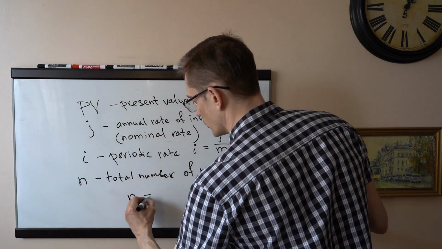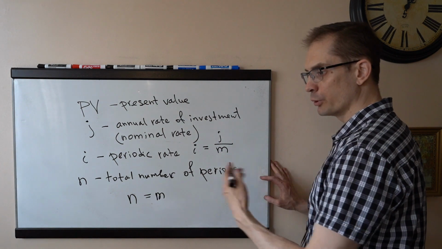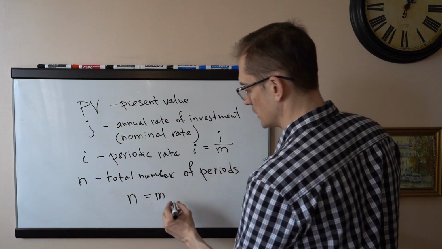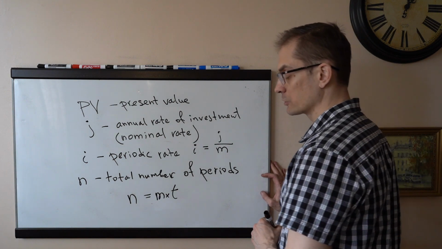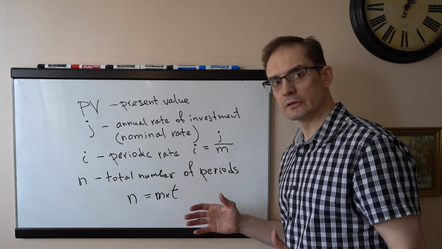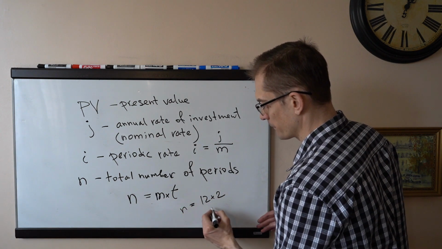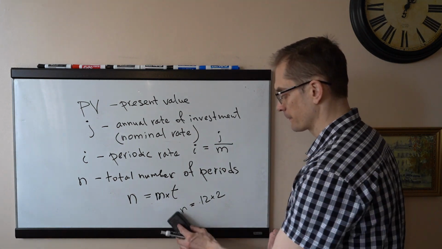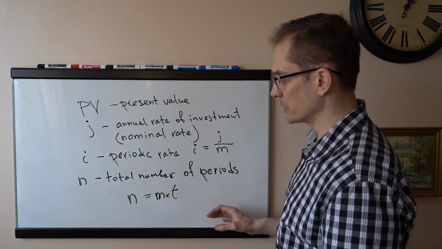So N will be M, how many reinvestment periods per year, remember, this M is the same M as here, times T, the number of years in total. For example, if you reinvest every month for 2 years, then it will be 12 times 2, so your N will be 24. That will be the total number of periods. But we'll see in examples how this works. For now, that's the major terminology.